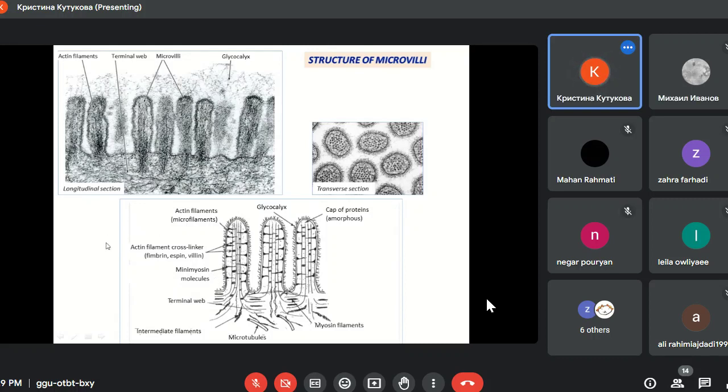Actually, you should learn and remember all these proteins which you see in this presentation, and also this will be in your task in the workbook, in your album.